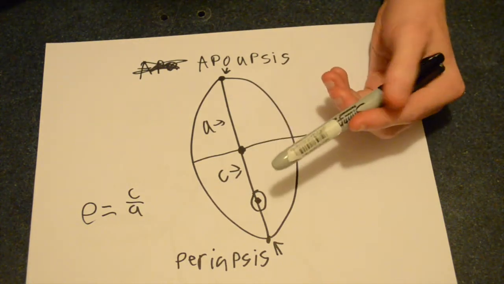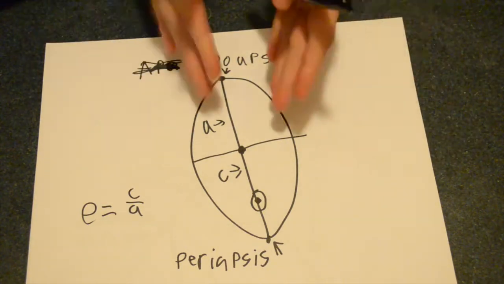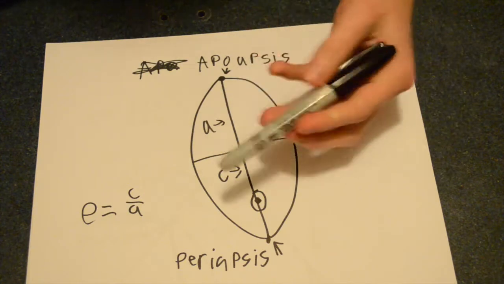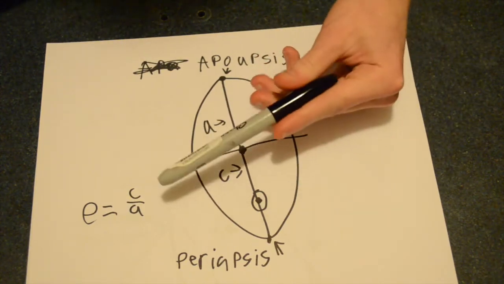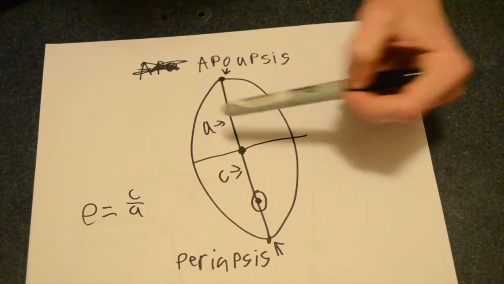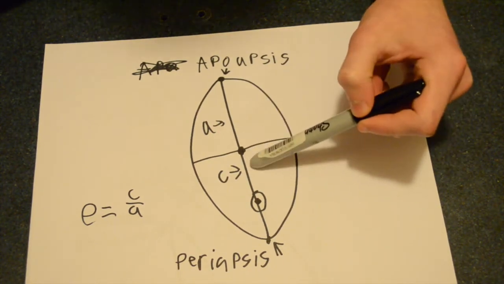Now, to determine the eccentricity, which is sort of the squishiness factor of the orbit, you need to know the semi-major axis, and then this thing here called the linear eccentricity.